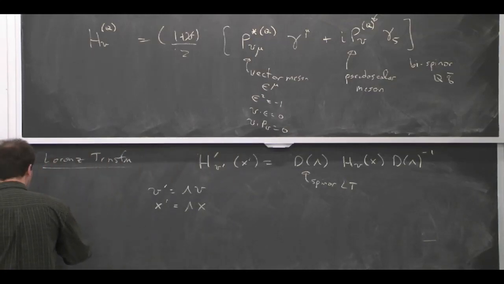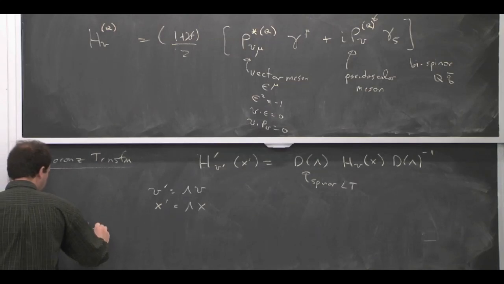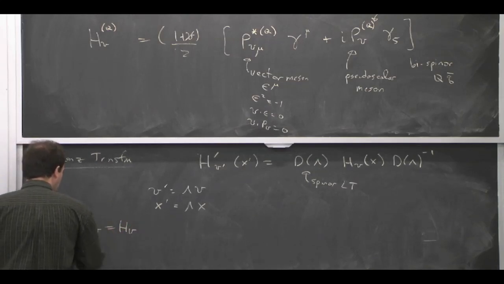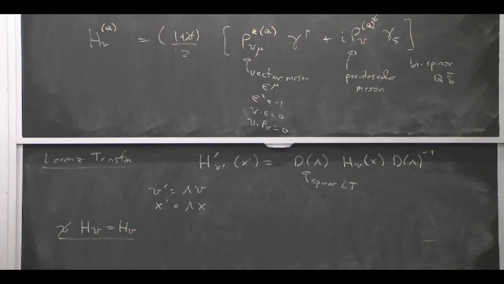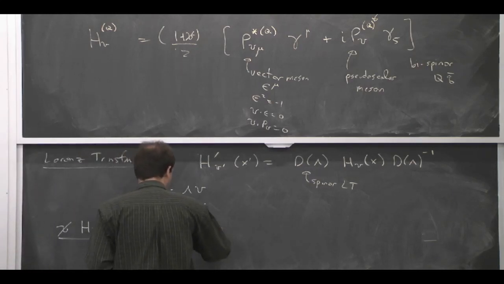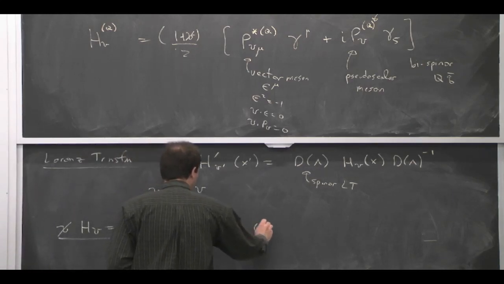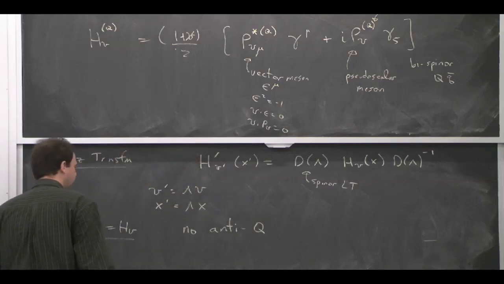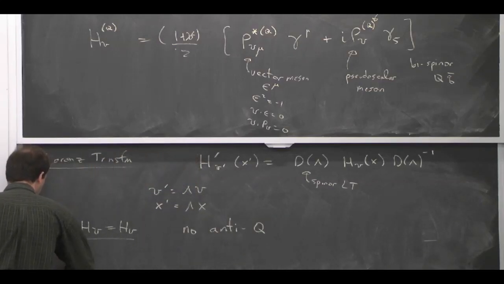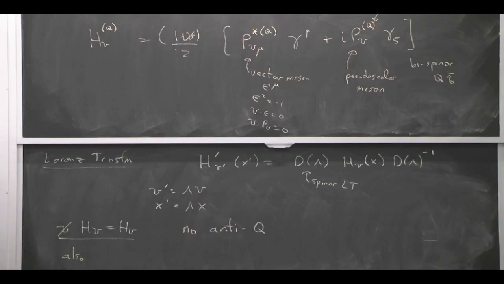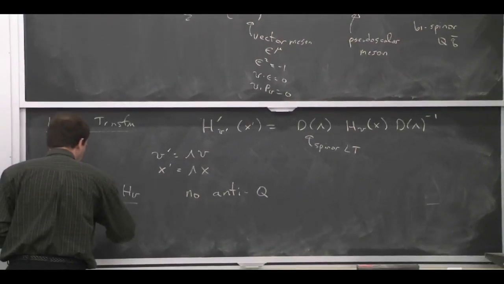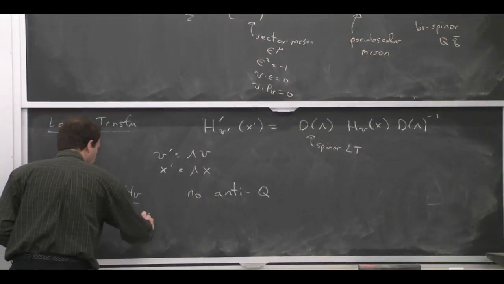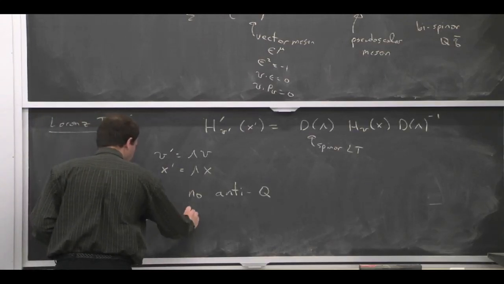We've got v-slash H_v equals H_v. That's one way of writing this: (1 + v-slash)/2 H_v is equal to H_v. And that says that there's no anti-quark. So that's good. We can also, just by studying the properties of this thing, work out that H_v v-slash is actually minus H_v.